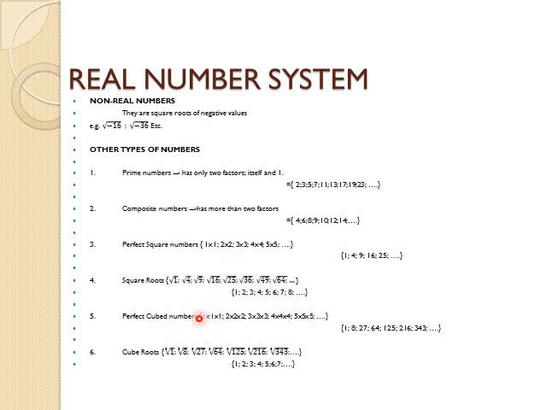Perfect cube numbers are simply 1 times 1 times 1, 2 times 2 times 2. I assume you know that in a cube all sides are the same length, so to find the volume we would say length times breadth times height, but with the same value. So 1 times 1 times 1 is 1, 2 times 2 times 2 is 8, 4 times 4 times 4 is 64, etcetera.